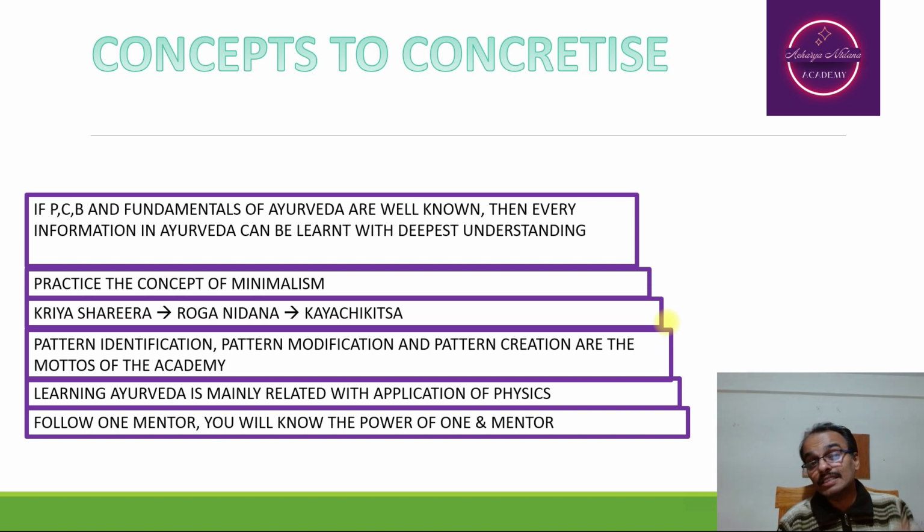Suppose the person is adding some salt or pepper to that sour buttermilk, and increasing the amount, for example 300 ml, then there may be a possibility of pitta dosha vitiation to a maximum extent. This is how we are able to look into those patterns.